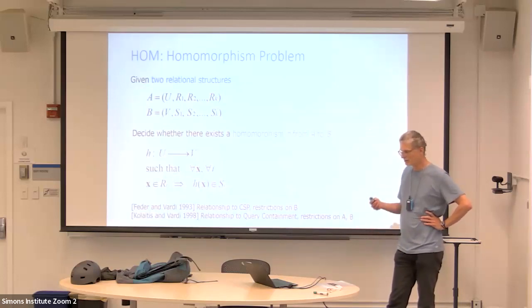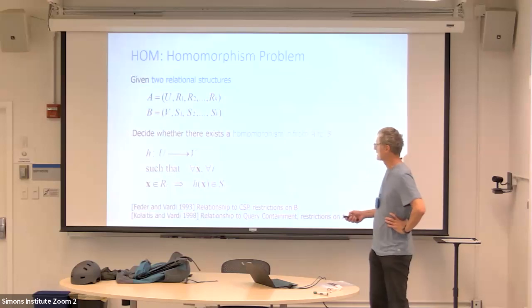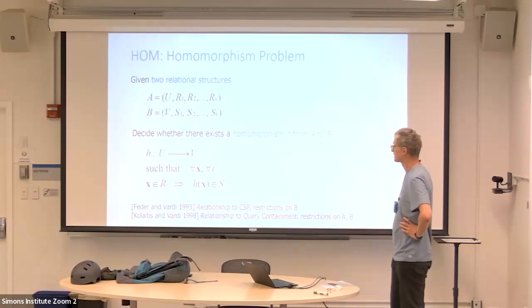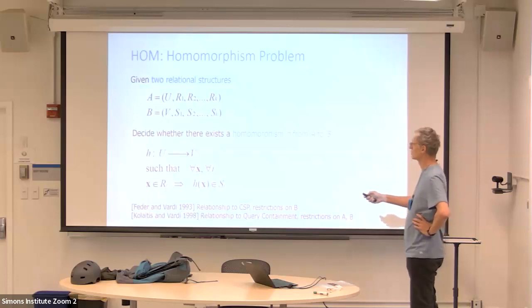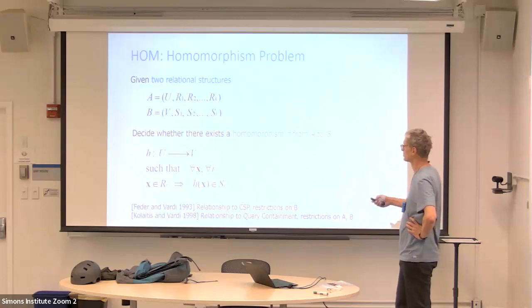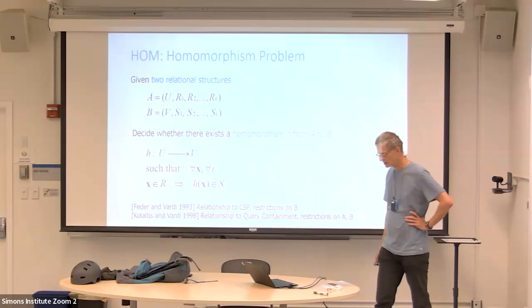In the homomorphism problem, we are given two structures. Each structure is given by a domain and a couple of relations. And the question is, does there exist a mapping from one domain to the other such that all of the tuples from relations in the structure A are sent to tuples in the structure B?